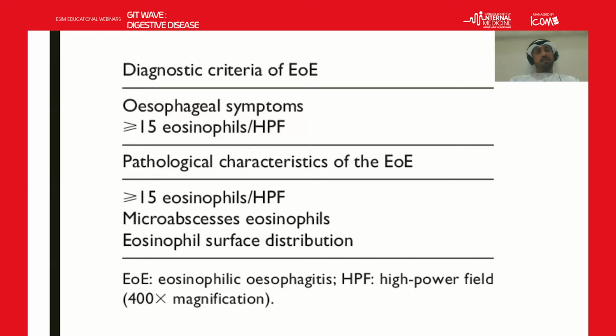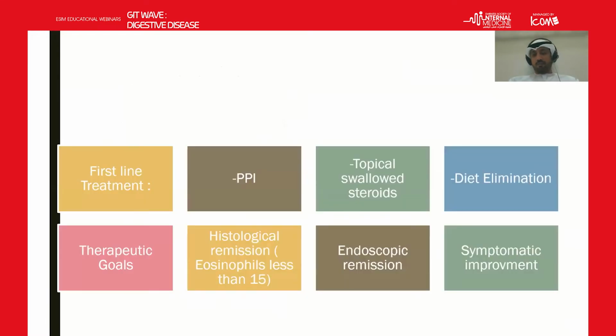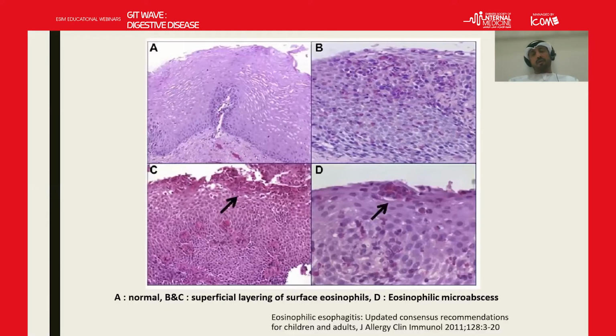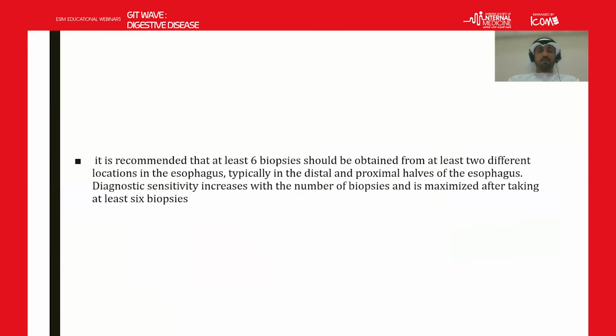So, the diagnostic criteria of EOE. If you have esophageal symptoms and the biopsy shows eosinophilia of more than 15 per high power field, this is typical, this is a definitive EOE. But I have to mention that whenever you suspect EOE, it is advised not to take biopsies only from the esophagus.